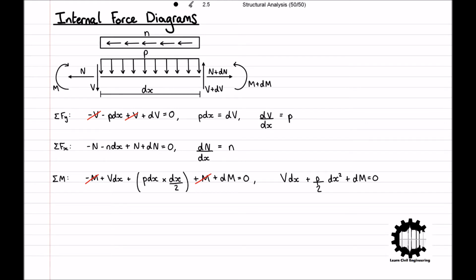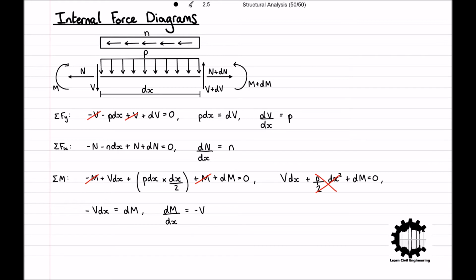Here we can simplify our equation. As dx is very small in length, we know that dx squared is a significantly smaller quantity than any of the other quantities in the equation, and so it can be neglected, removing this entire term and giving us negative V dx equals dM. And now we can rearrange to give us dM by dx equals negative V.